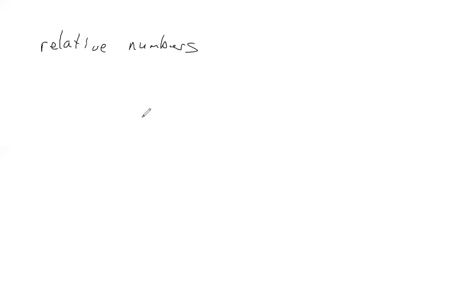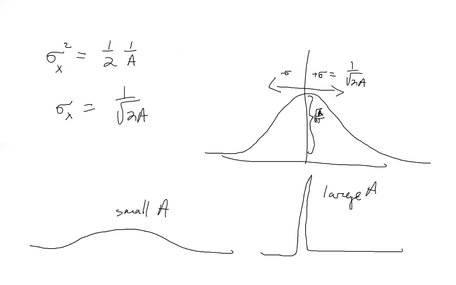Let's say we wanted to know what is the relative number of times that we get x equals, say, 1 compared to x equals 2, for the Gaussian distribution.